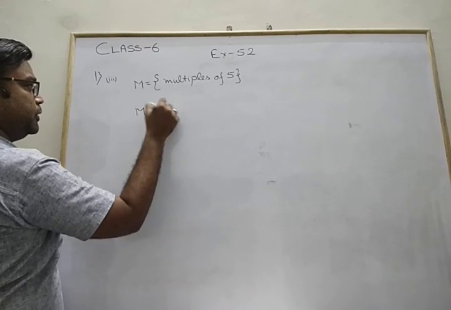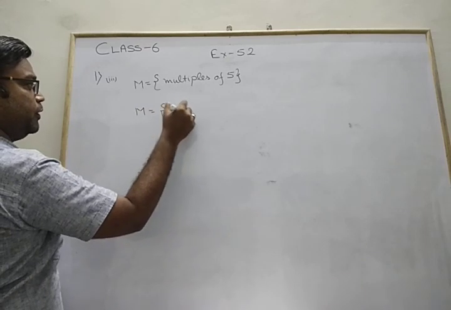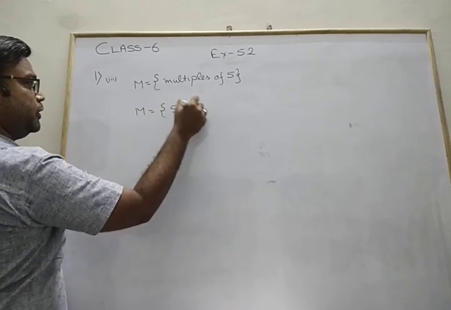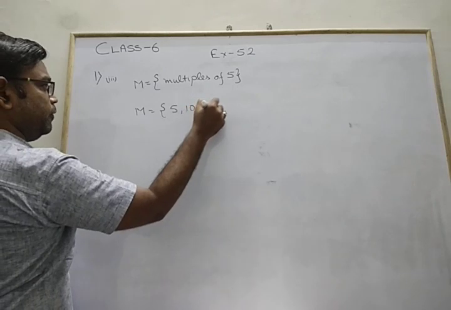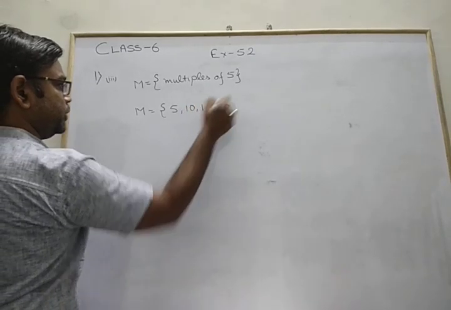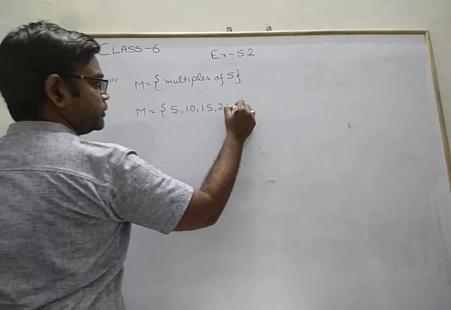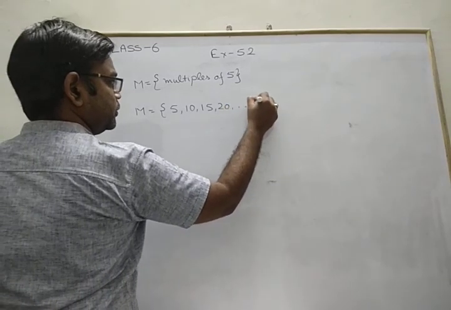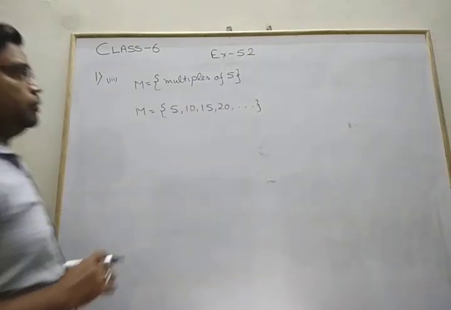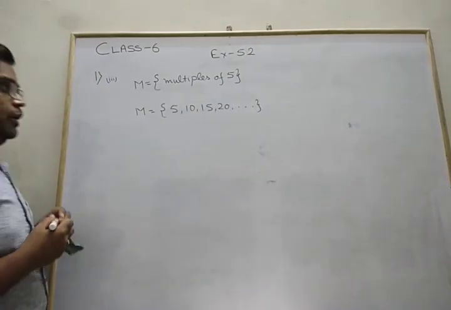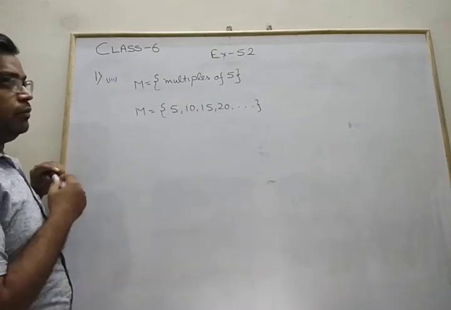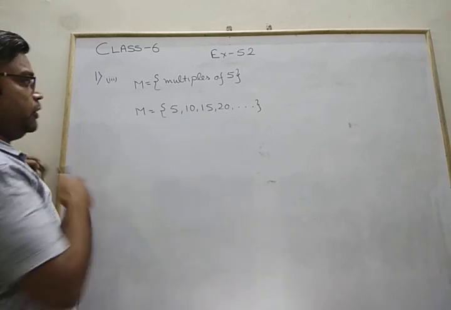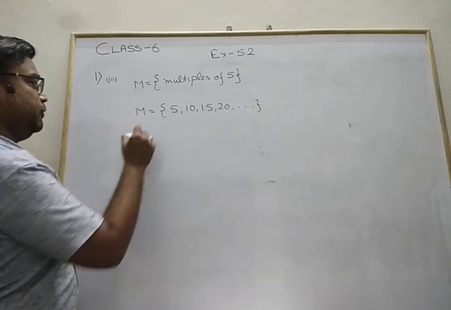So the multiples are 5 into 1 is 5, 10, 15, 20, and it goes up to infinity. So this is continuous, we close the bracket. In this condition, we are not able to count the members. So M is an infinite set.